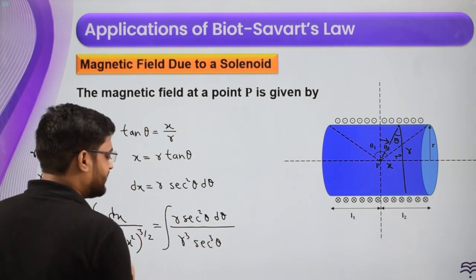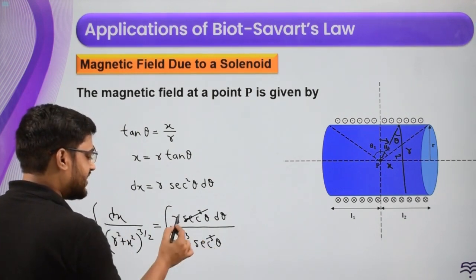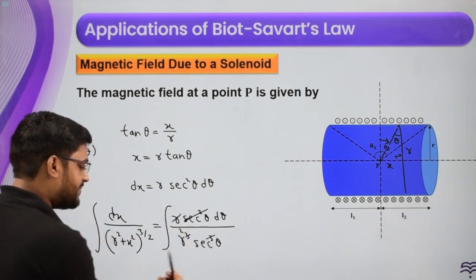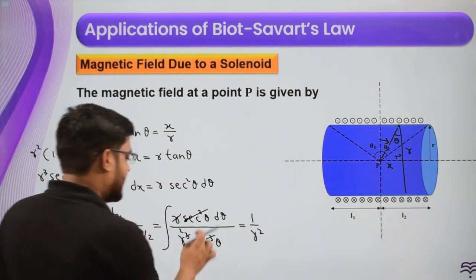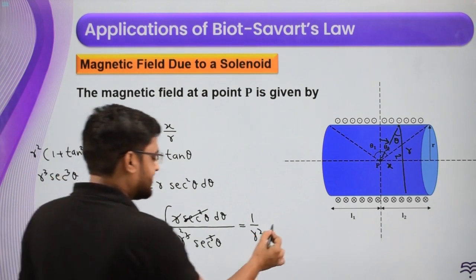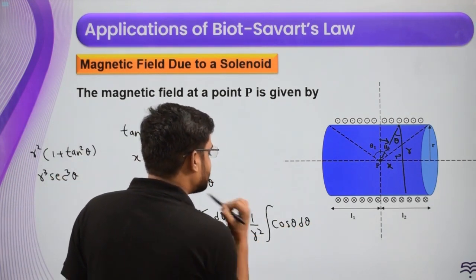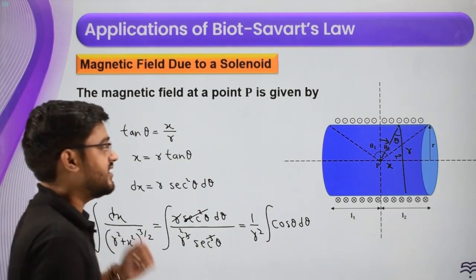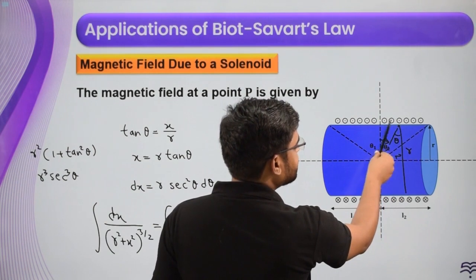And in the integration, the sec square can be cancelled from the cube, only sec theta is left, r can be cancelled, so 1 by r square is left. So I'll be saying 1 by r square, then 1 upon sec theta, which is nothing but cos theta, so cos theta d theta. Now the limit is on theta. So theta is changing from where to where? If you see this figure, from here it was theta that way, right?